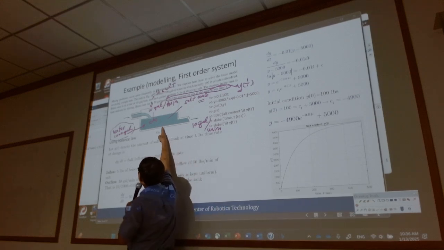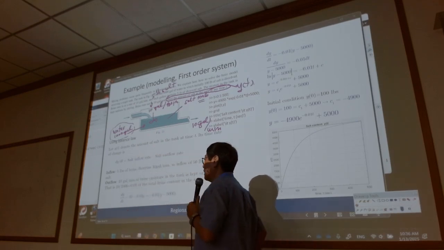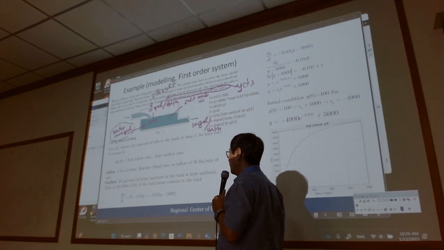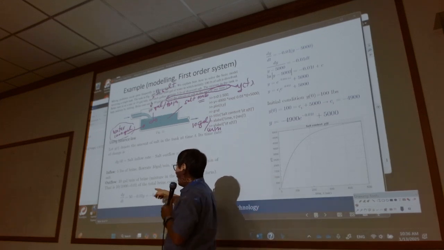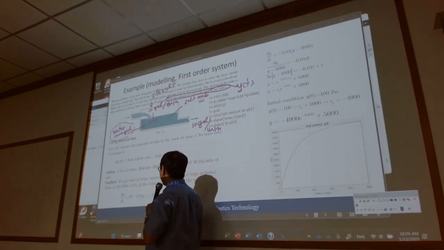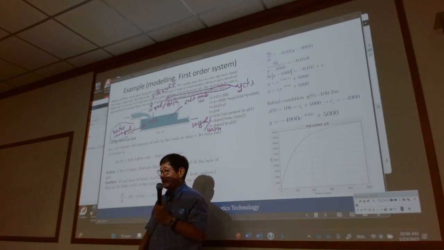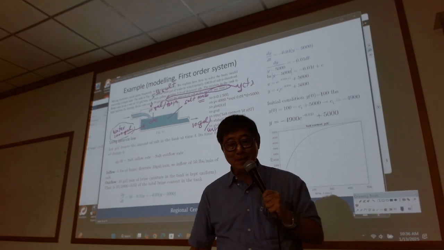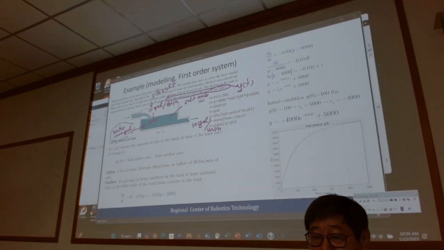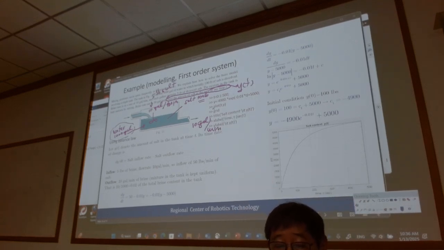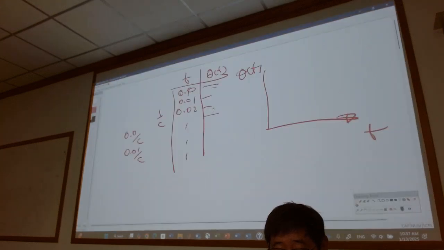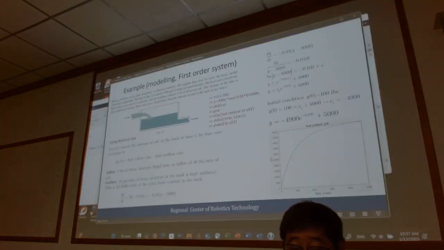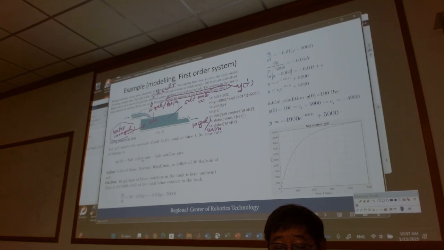Previously you have 1,000 gallons here, multiplied by the content 0.01. So you have this equation.